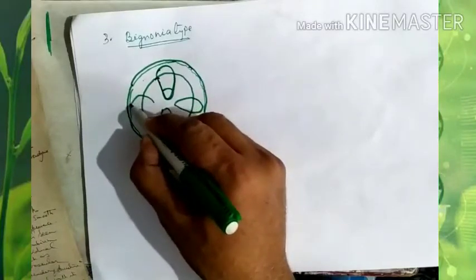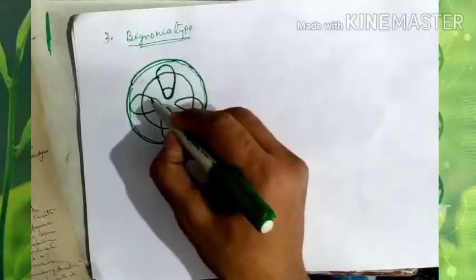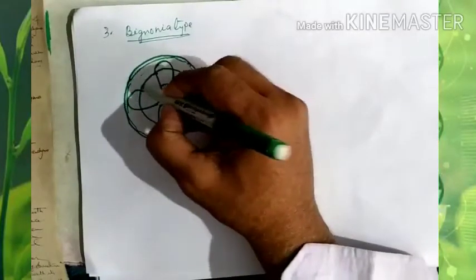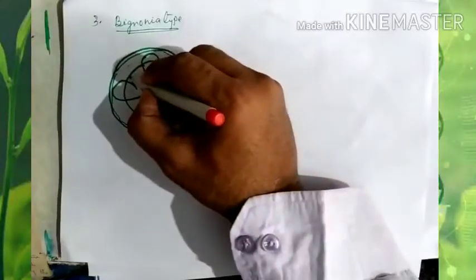Here also more phloem at 4 points. And the secondary xylem here is produced normally.